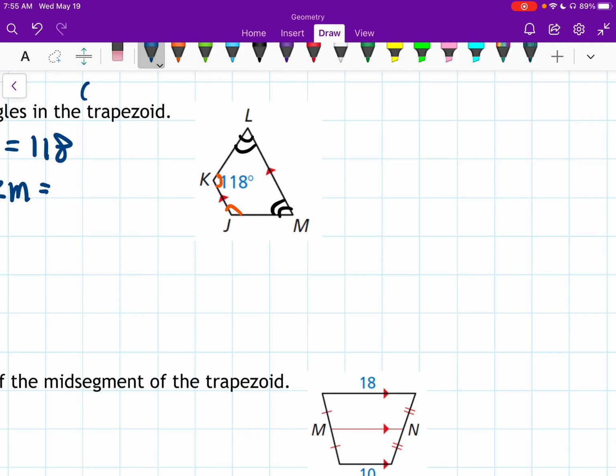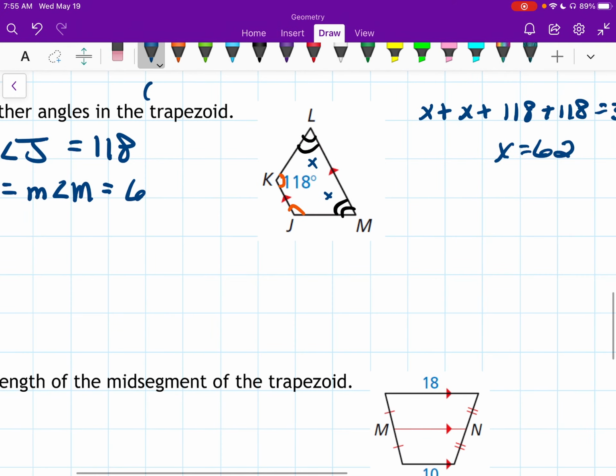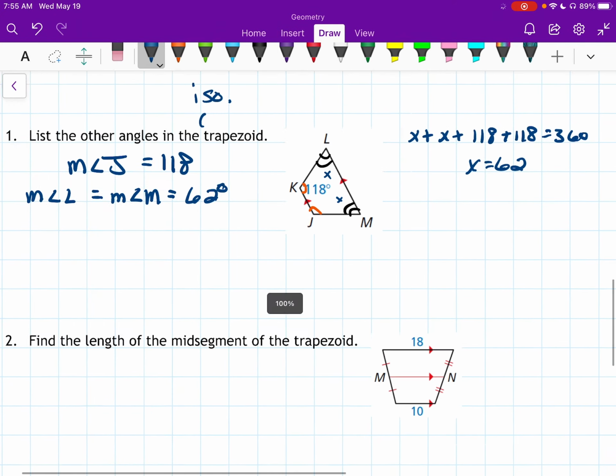So I'm going to say I'll call these x. x plus x plus 118 plus 118 is 360. And so whenever I type that in, I'm going to type in 360 minus 118 minus 118. Oops, that's 118, 118. And then I'm going to divide by 2 because I have two x's. So I have x is 62. And there we are.